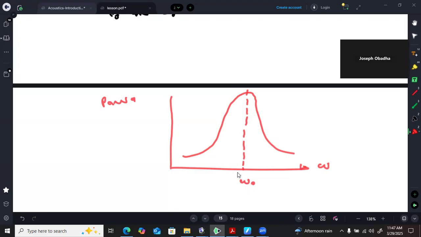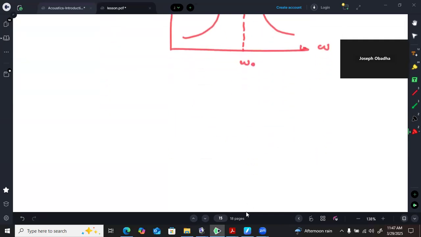And of course, we know that power is equal to F squared Rm over 2Rm squared.